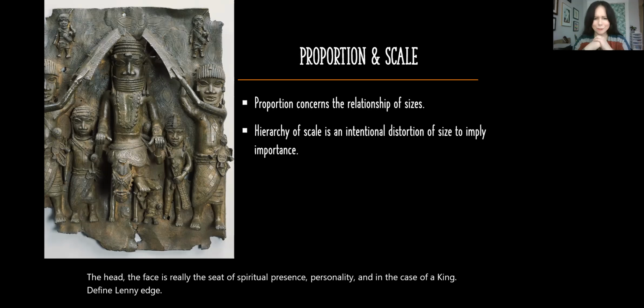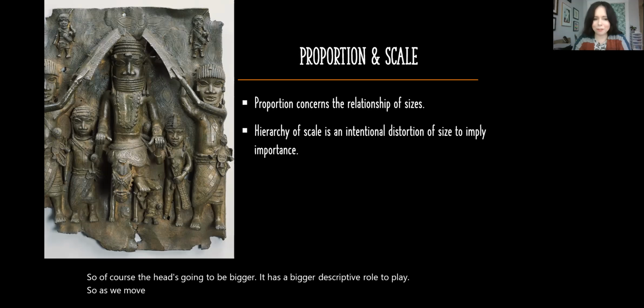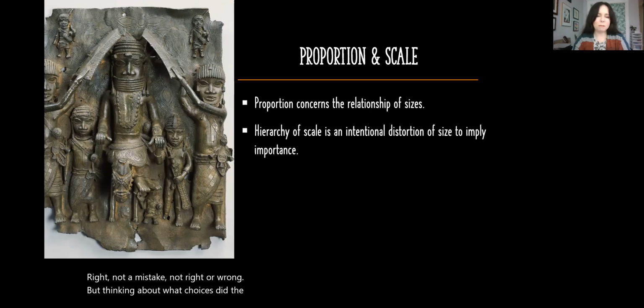So of course the head's going to be bigger. It has a bigger descriptive role to play. So as we move forward, we're thinking about everything we see on the screen, on the picture plane, as intentional, right? Not a mistake, not right or wrong, but thinking about what choices did the artist make? What are we meant to interpret from that?